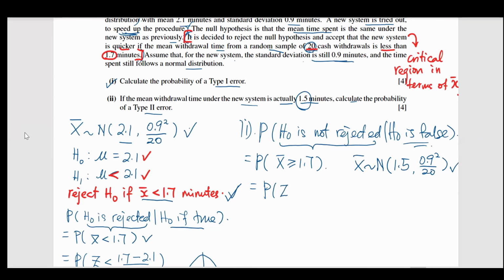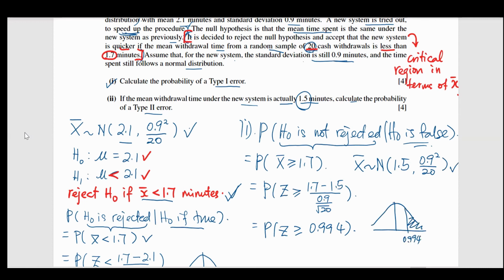Okay, so let's calculate. Standardize it, and find out this z-score value to be 0.994. So let's have a quick sketch. 0.994 somewhere here.